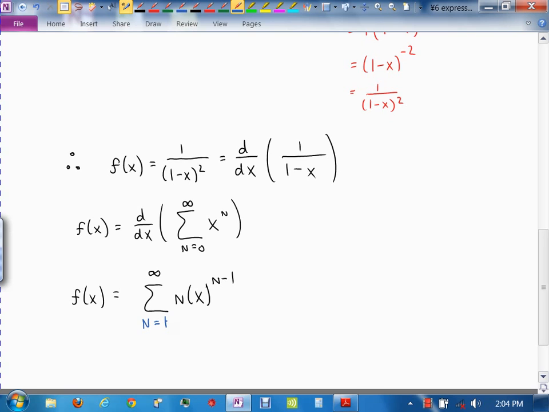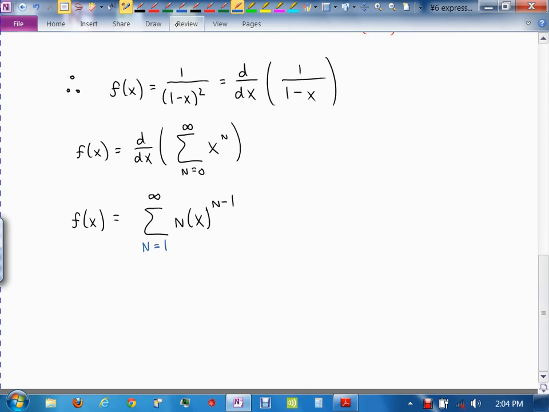Now, can you help me by writing out a few of these terms? So where are you going to start? n equals 1. You get what? 1 times x to the 1 minus 1, so 1 times x to the 0. That's 1. Okay, next one, plus.